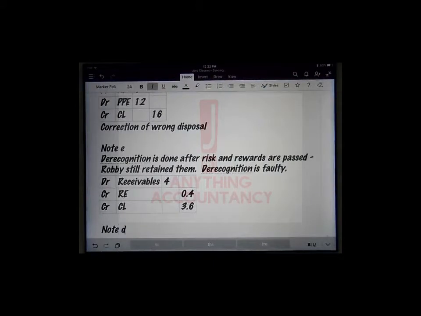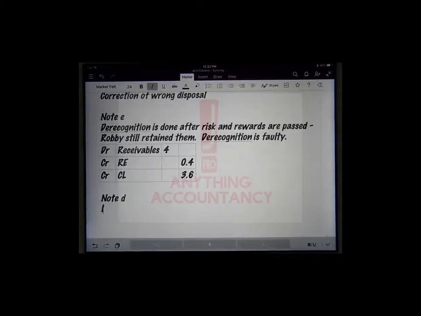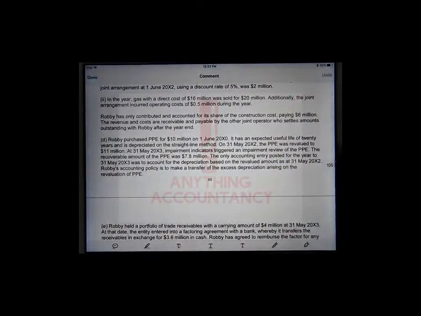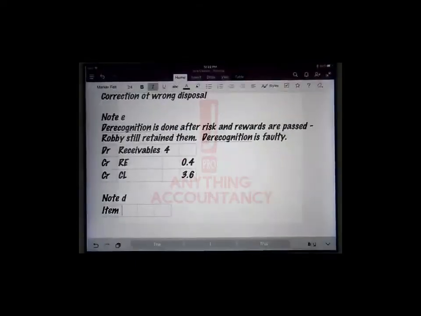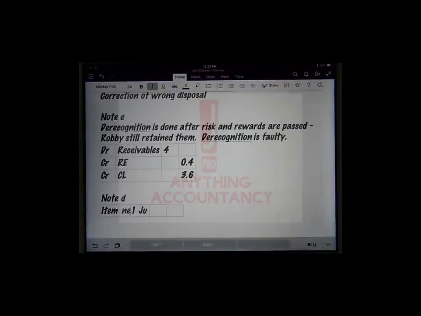Note the dates. You start with the item. How many dates are there? I think there are 3 dates, right? What are the 3 dates? When did they buy it? 1 June, X. Next one is 31 May, X2. Then the next one is 31 May, X3, right?